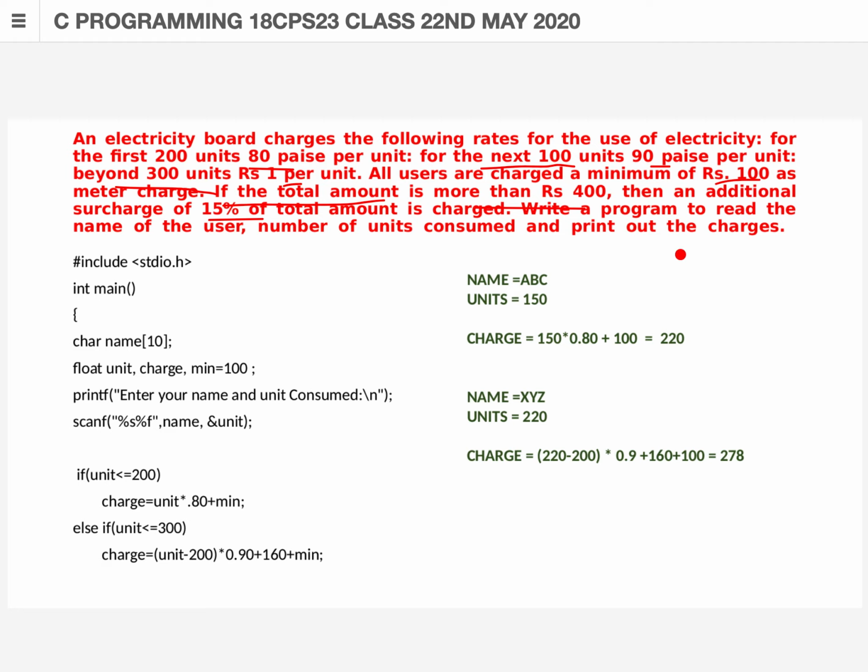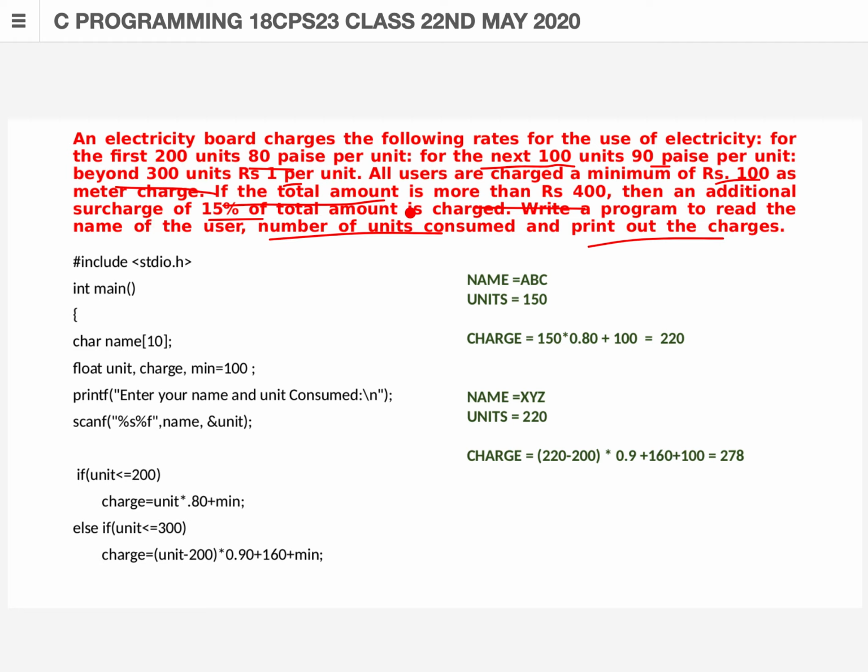So write a program to read the name of a user and the number of units consumed, and print the charges by evaluating as per the rates provided in the question. For this, two inputs have to be taken mandatorily.